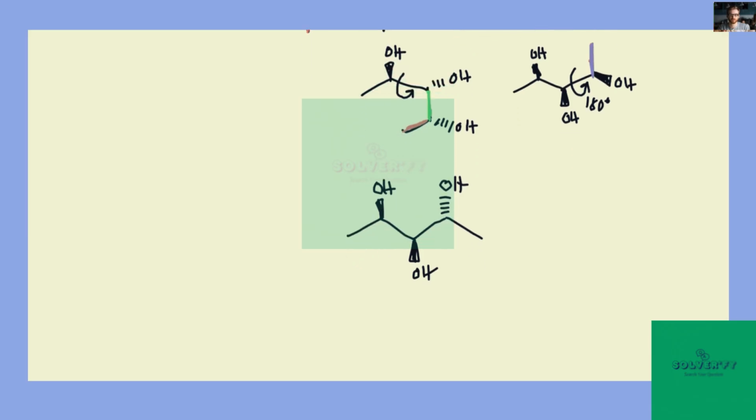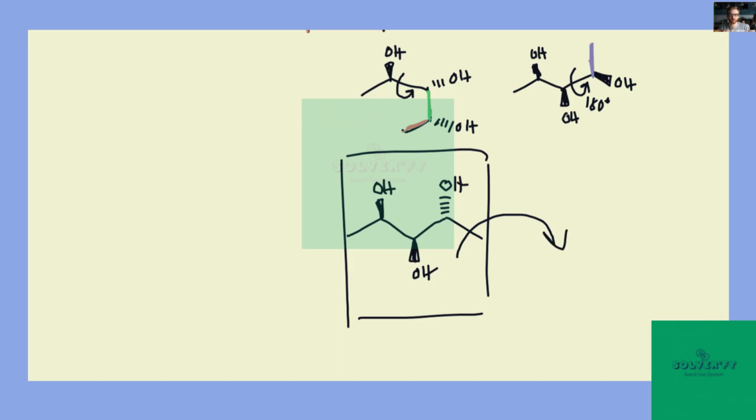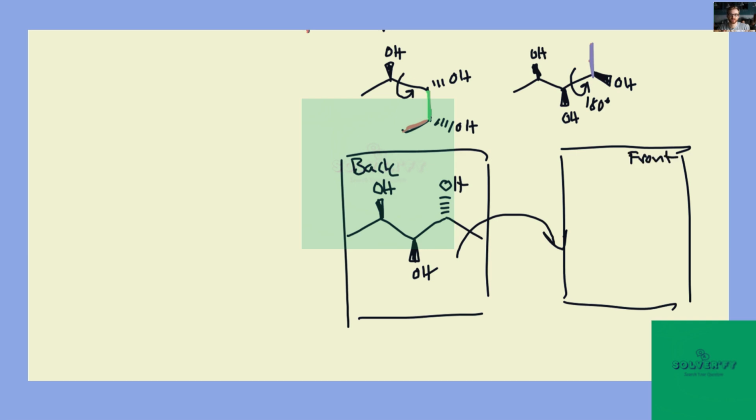If we think of this as being like a playing card, and we think of turning the playing card over, so this was, let's say, the back of the playing card, and then we flop it over such that we're now looking at the front of the playing card.